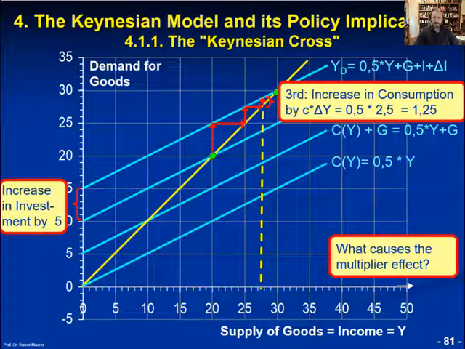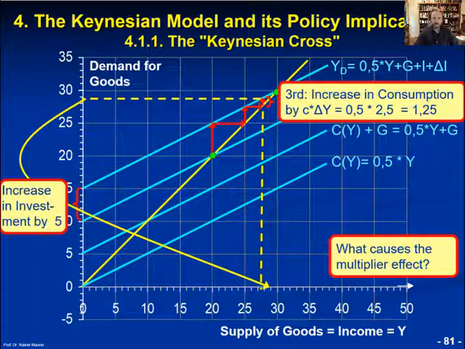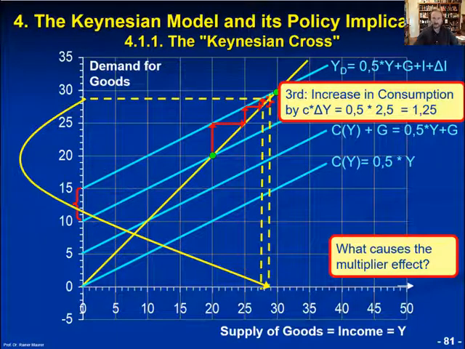And now this process goes on. The increase in consumption demand causes private firms to produce an additional amount of 1.25 units GDP. This additional production causes households' income to grow again, now by 1.25 units. And this process will now go on for a while.